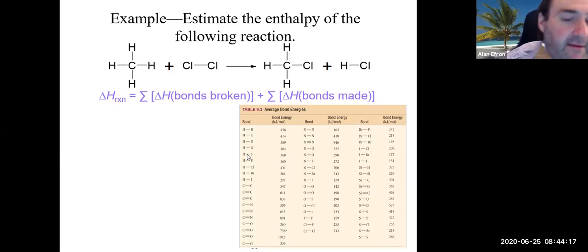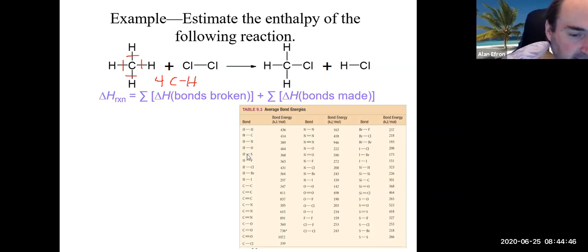I can't see that, but here's a table of bond energy. I hope it's on the slide right now. Essentially, we would look up the value and think about what we're breaking on our reactant side. In this case, we are breaking 1, 2, 3, 4 carbon hydrogen single bonds.